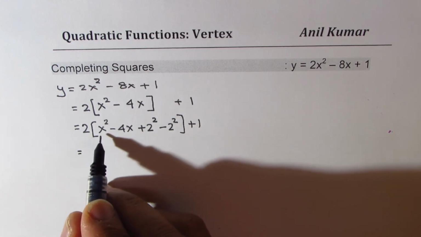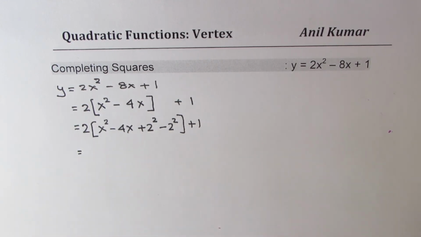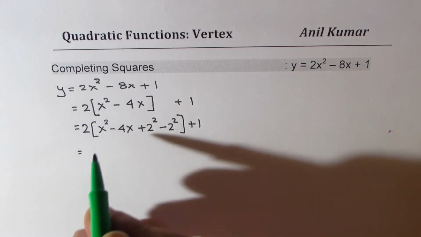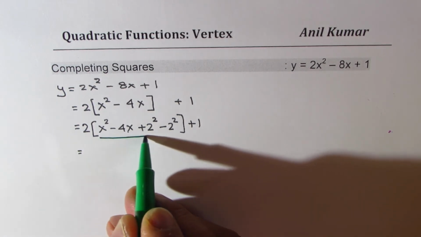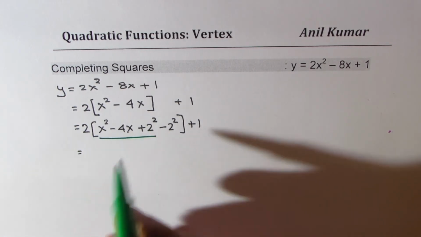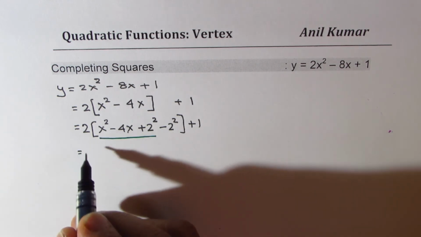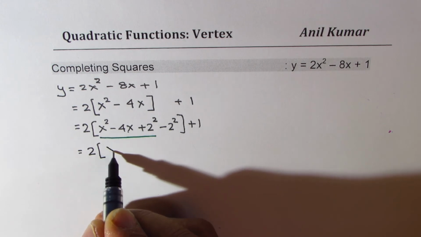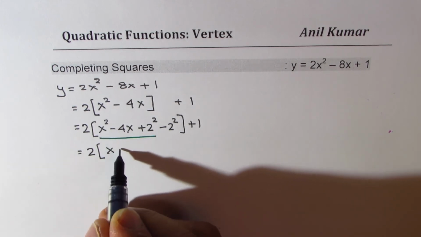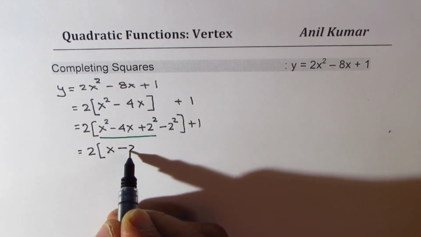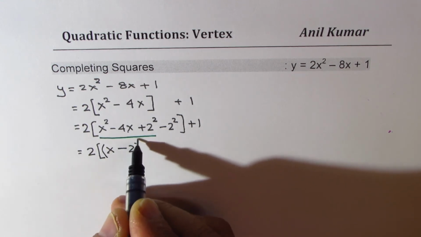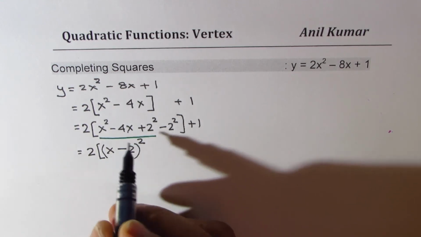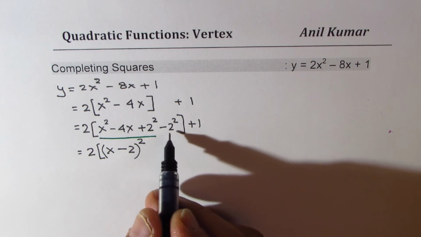Now, the first three terms form a perfect square. This is like a squared minus 2ab plus b squared. Perfect. That's the whole idea. So from here we get x minus 2, the minus sign comes from here, 2 from there. And if you square this binomial x minus 2, you get the first three terms.